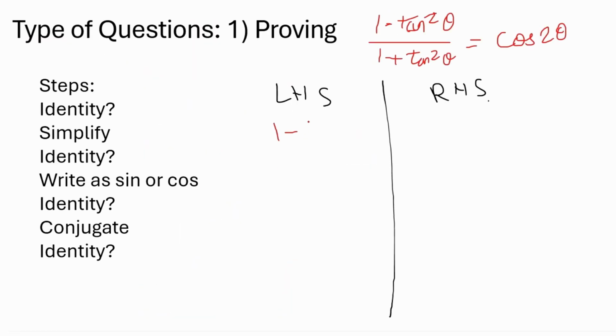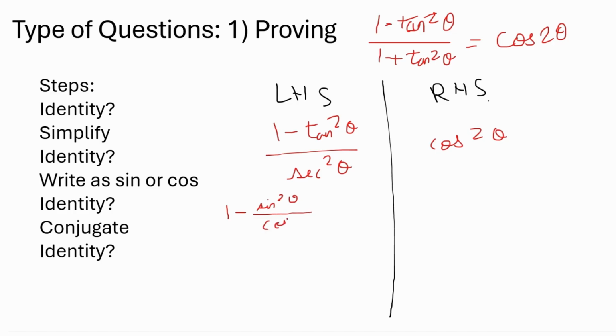So it becomes 1 minus tan squared theta over secant squared theta equals cos 2 theta. Now, is there anything I can do? I can't simplify anything. What I can do is write it in terms of sine or cos. So this becomes 1 minus sine squared theta over cos squared theta, over 1 over cos squared theta.